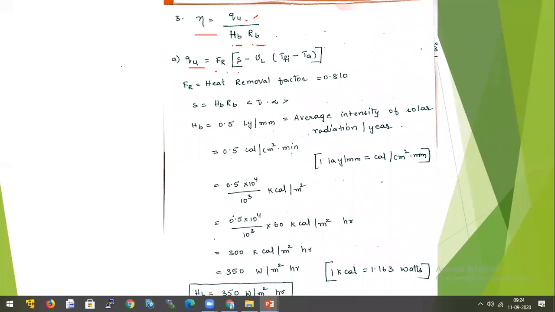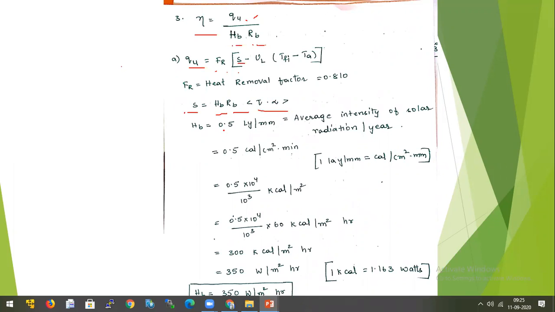Next, S and UL. First we will find S. For calculating S we have a formula: S is equal to HB into RB into tau into alpha. So again in S we have to find the HB value, the RB value and the tau into alpha value.